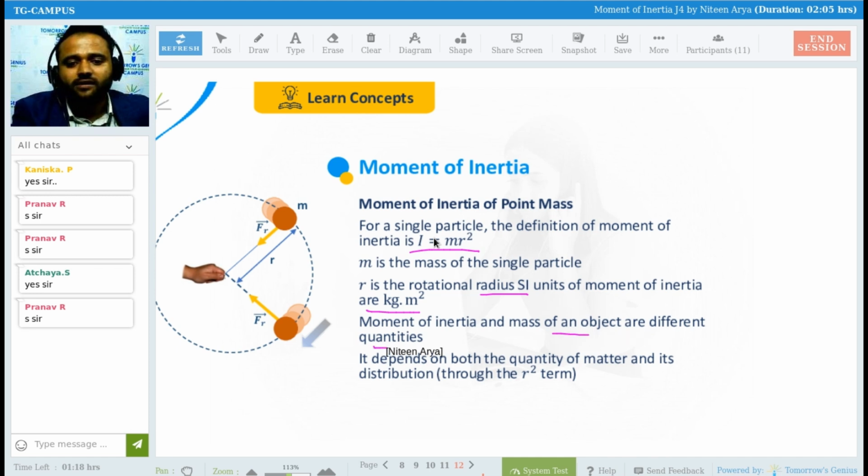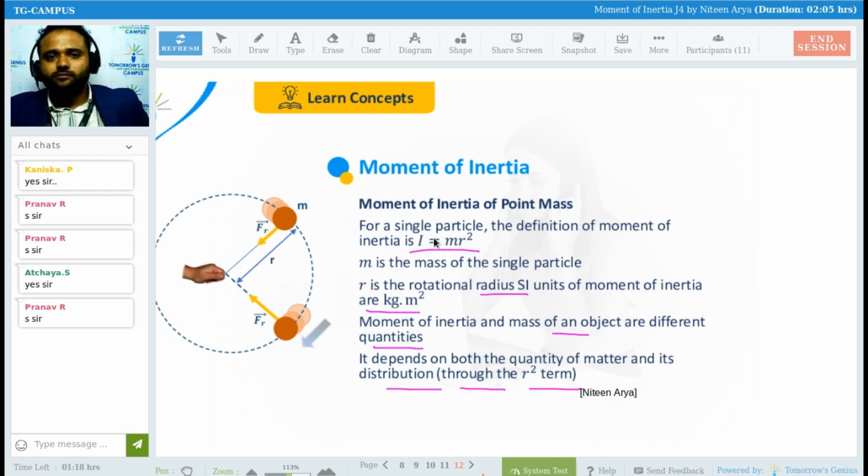Moment of inertia and mass of an object are different quantities. It depends on both the quantity of matter and its distribution through the r squared term. Why different? Because, as I clearly described, it is also dependent on the axis. The moment of inertia is taken as an analogous thing to mass, but if I choose a different axis, r changes, and if r changes, the moment of inertia changes.